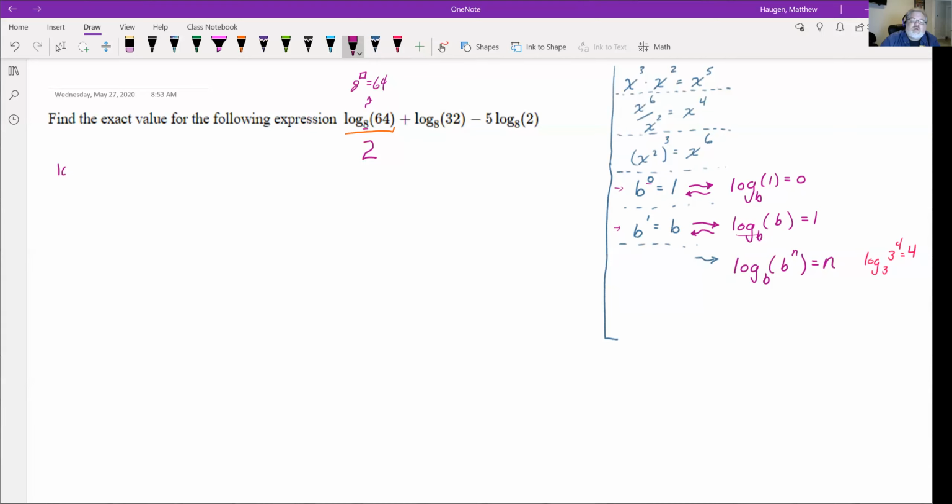Well, what is log base 2 of 8? Hmm, 4? No. I don't know. 2 to what power makes 8? 3. 2 to the 3rd power, right? Okay.